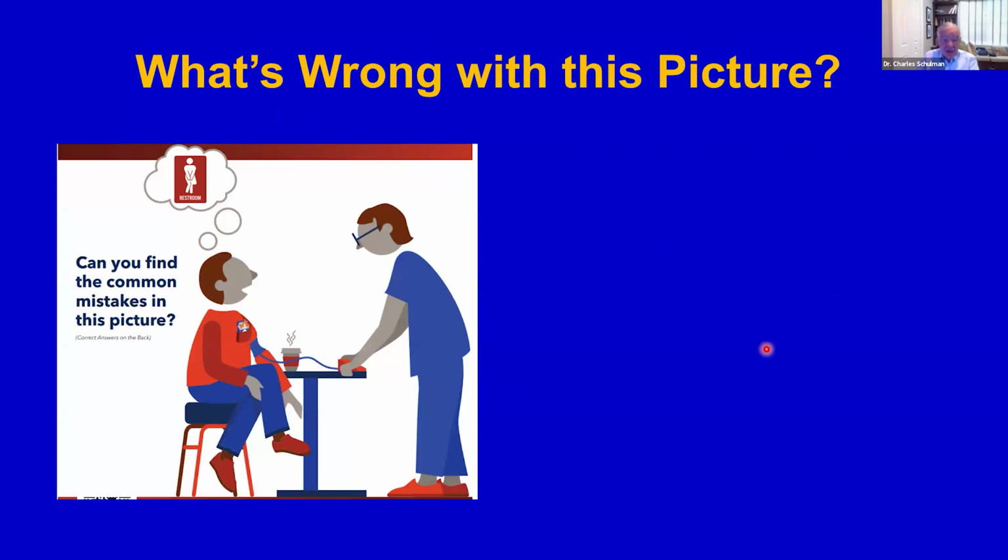Okay, so turning to the assessment of blood pressure, of course, we want to know how to do it properly. And here's a cartoon figure with a number of common mistakes that people make when taking blood pressure.